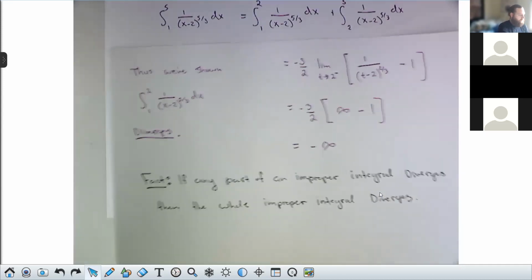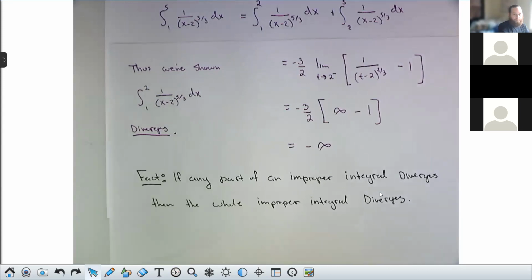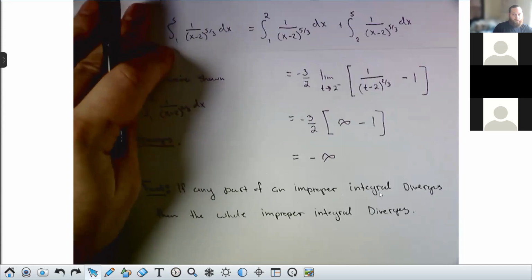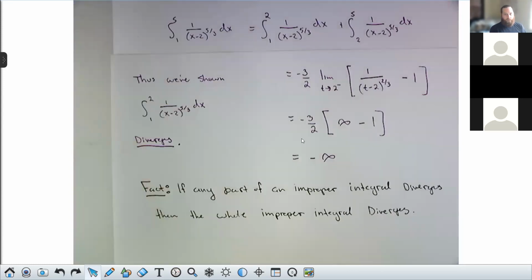So I have not yet shown that the original problem is a divergent integral. The original problem was the integral from 1 to 5. What I just showed is that the integral from 1 to 2 diverges, right? That's what we were working with to get this.